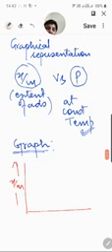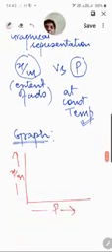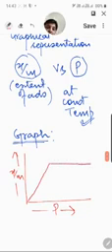Its relation with respect to pressure is Freundlich adsorption isotherm. This type of graph get formed.